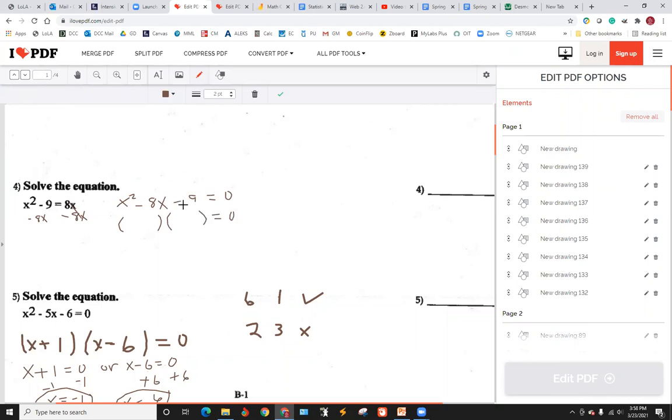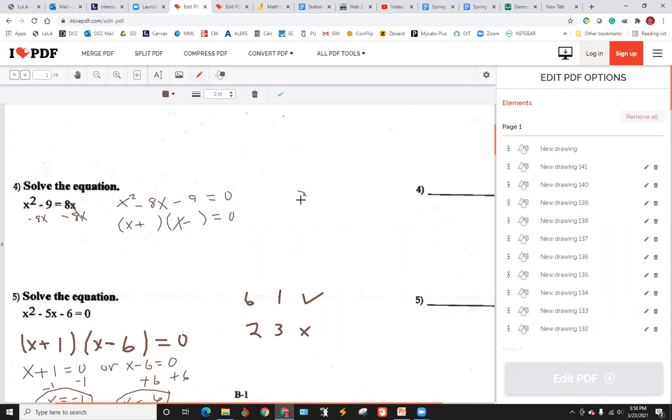So the third term is negative, so it's x plus and x minus. And then what we're looking for is factors of 9 that have a difference of 8, and then the larger one is going to go here. Now, there's only 2 factor pairs of 9.